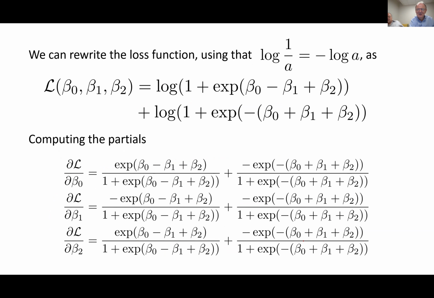I'm not going to do all the computations here, but using the well-known fact that the log of 1 over a is minus log of a, we can rewrite it and then take partial derivatives with respect to beta 0, beta 1, and beta 2. I've written them down in the notes I posted. That's simply applying the usual rules for differentiation. So we want to put those equal to 0 and see if we can find beta 0, beta 1, and beta 2.